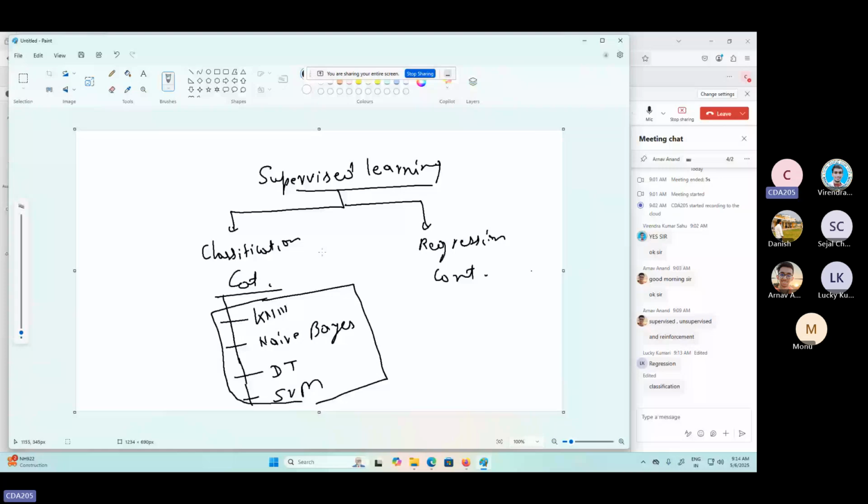When we talk about regression problems, we have studied linear regression, then multiple regression, then polynomial regression, and last we have seen logistic regression, which is a part of classification only.